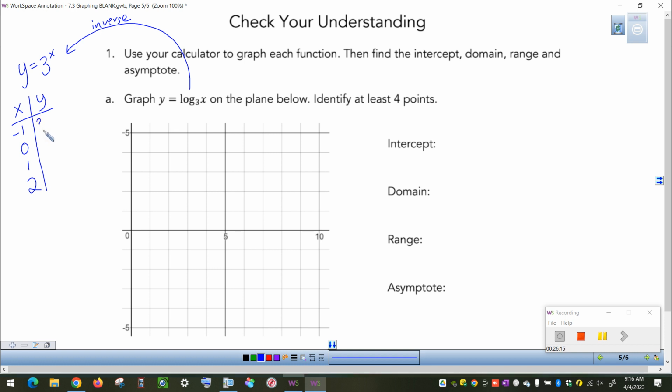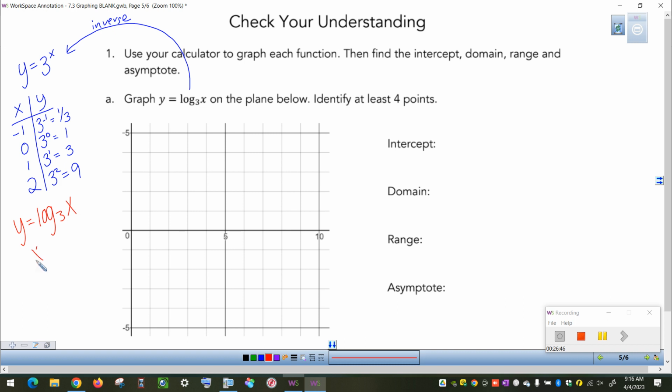If we do 3 to the -1, that's equal to 1/3. 3 to the 0, anything to the 0 is 1. 3 to the first power is 3, and then 3 to the second power is 9. So we don't actually need to graph 3 to the x. You could, but I think it's helpful to just get the values in the table.